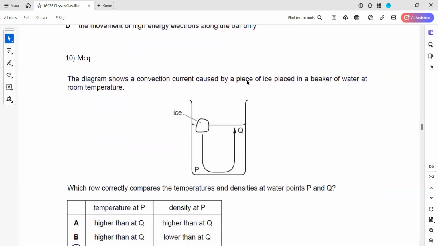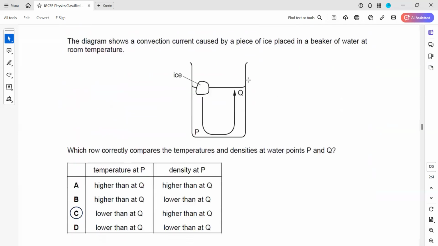Then the diagram shows a convection current caused by ice placed in a beaker. What will happen when the water molecules become cold after transferring energy to the ice? They will sink, because they have a high density, and as a result the hot water molecules will rise.